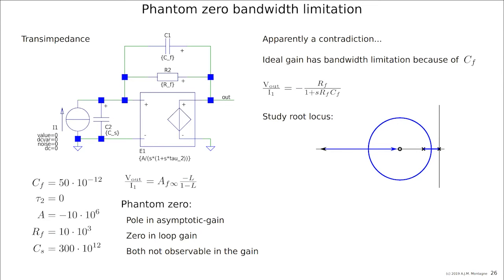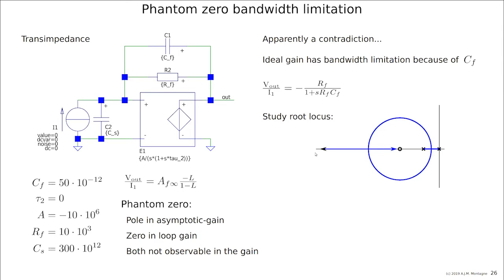If you study correctly the behavior of an amplifier as shown here, and the loop gain would not be infinite, but the pole positions would be as indicated, so two poles on the right from a zero, the zero left from the two poles, you will find the minus 3 dB point at a little bit higher frequency than the frequency of the phantom zero, because it never ends on the zero if the loop gain is not infinity. It moves towards the zero, and only at infinity it will be on top of it. So that is basically what is happening.